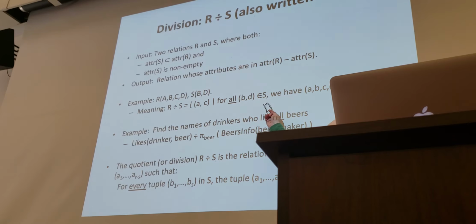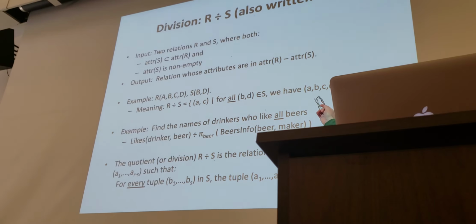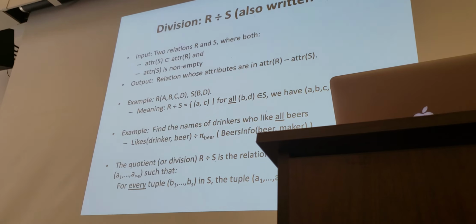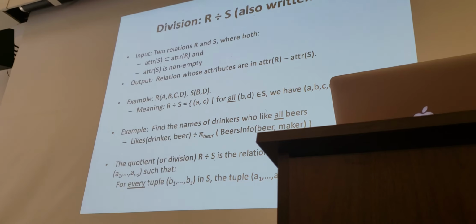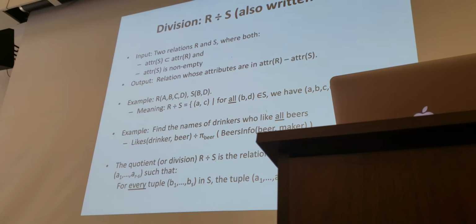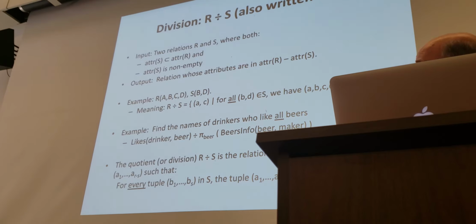For every tuple that's in S, there is a tuple with A, B, C, D in R. So we're only going to keep the AC, the remaining attributes that exist in R, if for every single tuple that you've got in S, A, B, C, D is inside R.